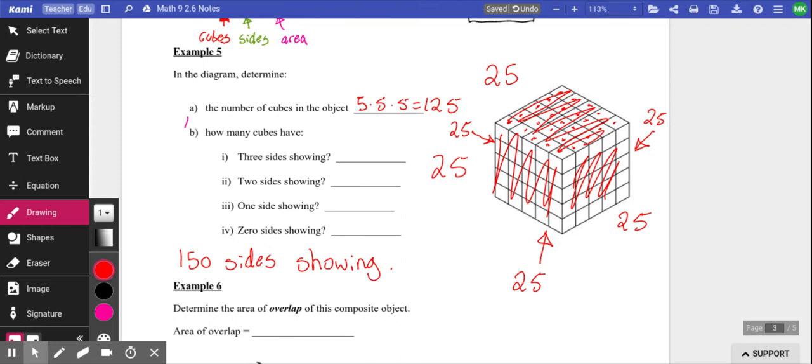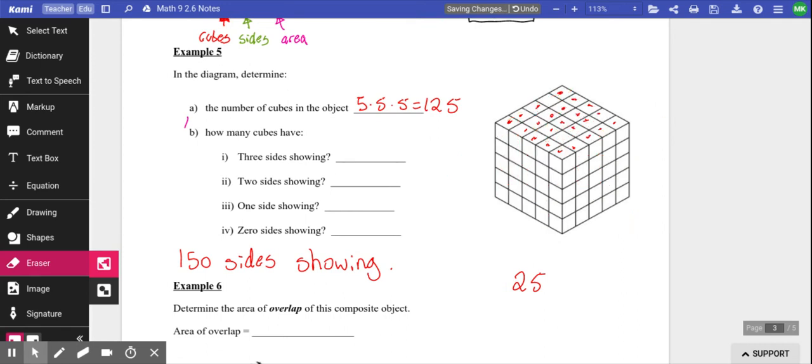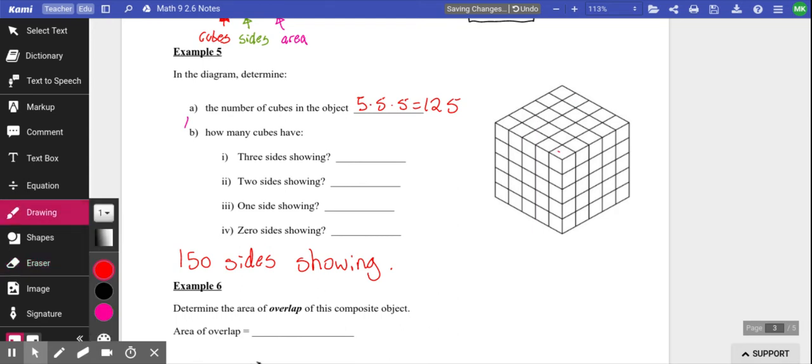They also have some random questions that we're going to answer. So it says, how many cubes have 3 sides showing? A cube that has 3 showing would be your corner cubes. Now we're talking about little cubes, right? This guy right here has 1, 2, 3 sides showing.